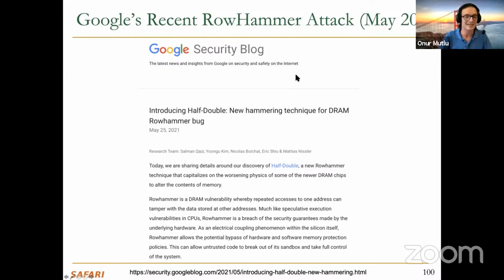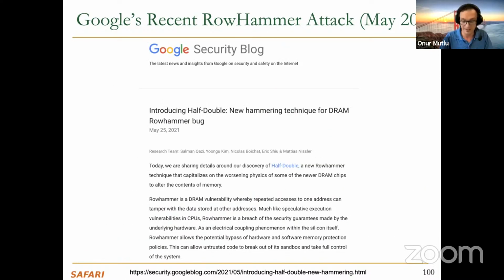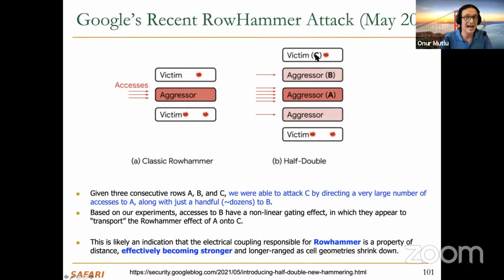But I will point out that very recently, a few days ago, Google provided another blog post and a PDF file, where they said that they have a new hammering technique for RowHammer that shows that RowHammer is getting worse, in addition to the papers that we have written that I flashed earlier. They show that you can have a victim far away from the aggressor. These are physical distances. You can have a victim over here, a heavy aggressor over here, and a lightweight aggressor.